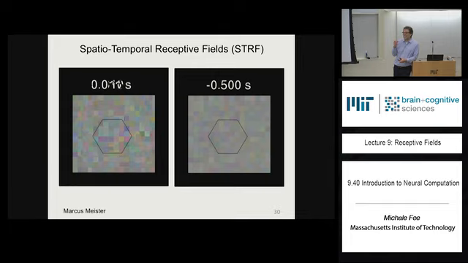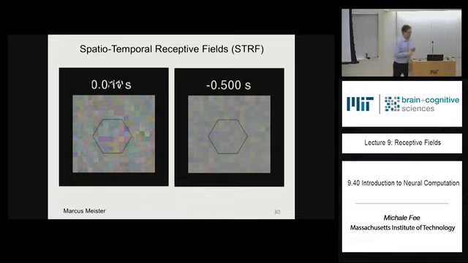So that neuron was excited by a stimulus that looked like a darkness right in that location. So that neuron is essentially being inhibited by light at that location. And when the light at that location goes away, boom, the neuron is released from inhibition and spikes.